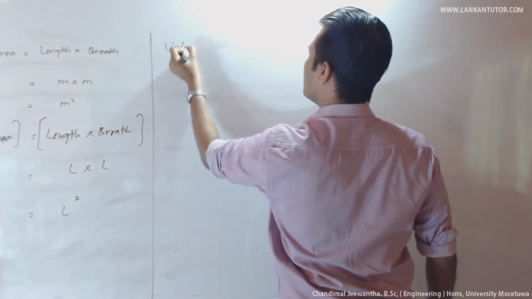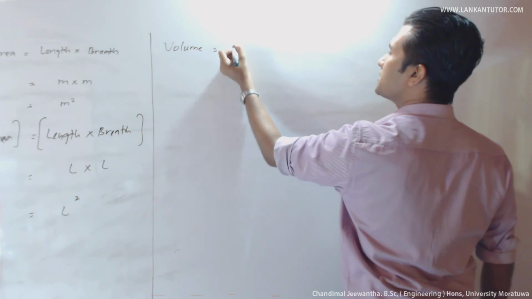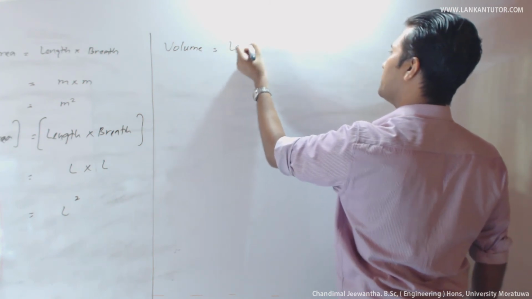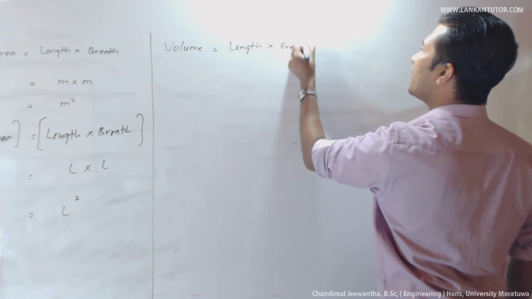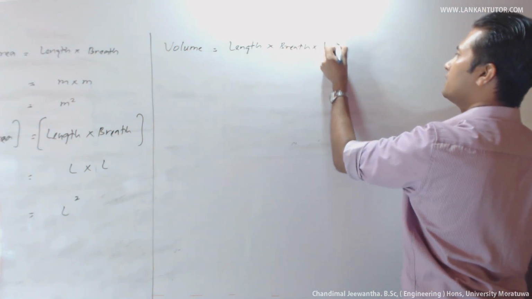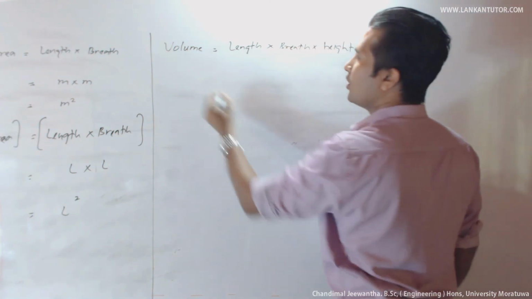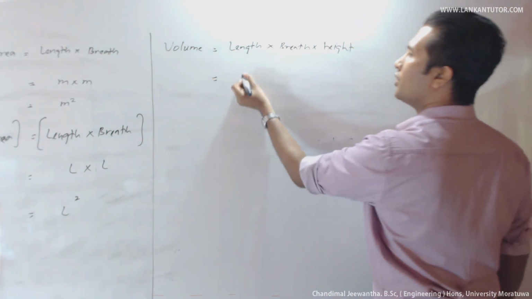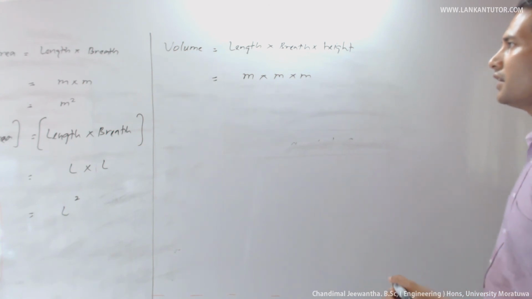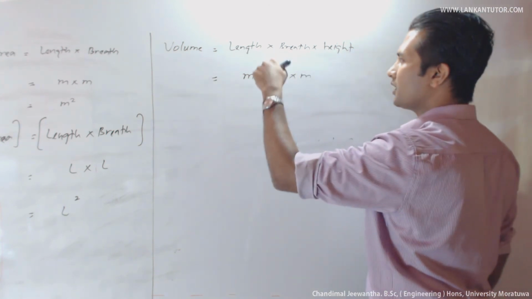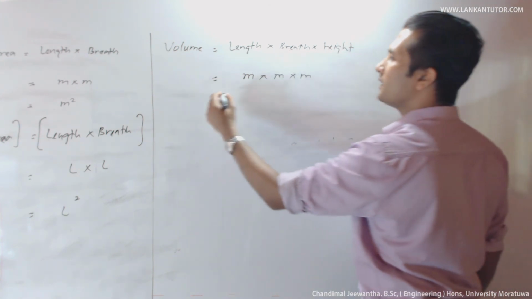volume. Volume is length into breadth into height. So we can follow the same procedure in order to get the unit of length, breadth and height.